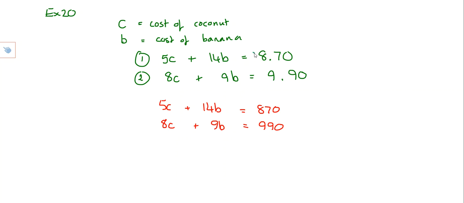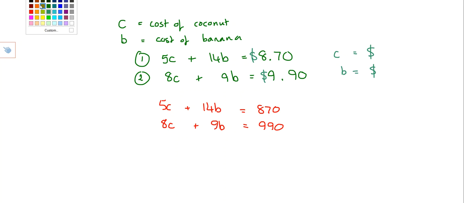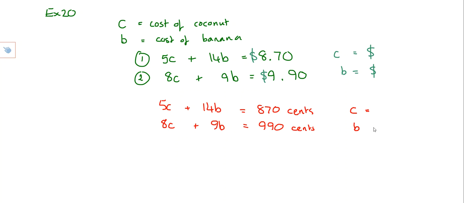So this is a value in dollars. Therefore, my C would be in dollars. So I would maybe get a 0 point something. B would also end up being in dollars. But this one here, I would end up in cents. So that's the number of cents. Therefore, my C value and my B value would be in cents. So it's very important that you know that.